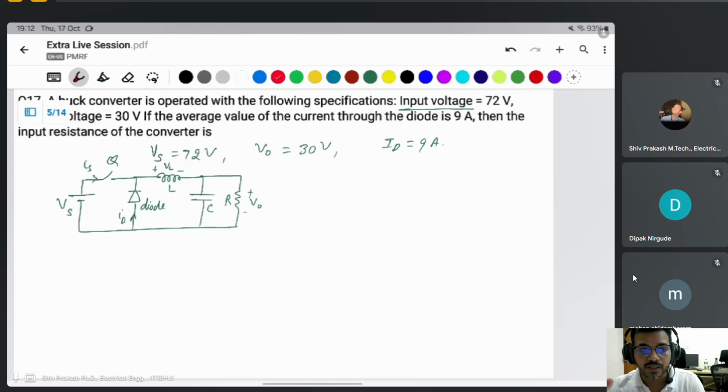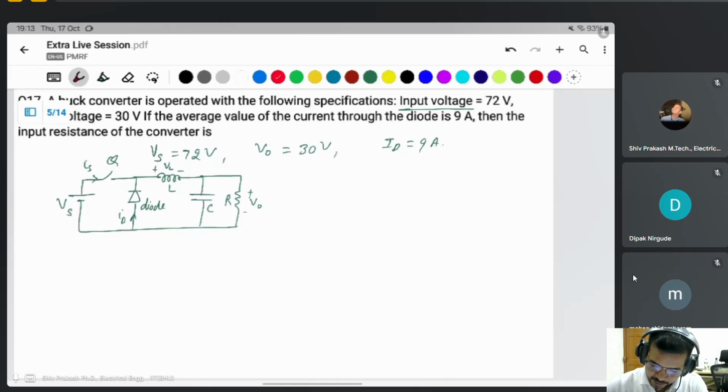Ripple current means the ripple of the inductor current, and ripple voltage means the capacitor voltage, the output voltage ripple, as a percentage of output voltage. If you know these two, then you can find the values of inductor and capacitor.